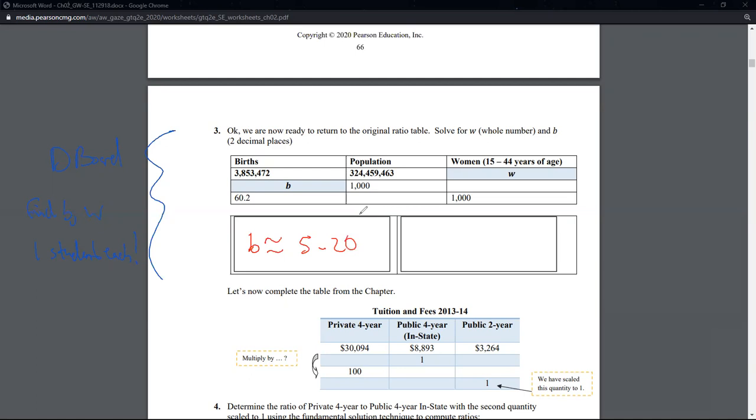I'd like 2 decimals of accuracy, so 5.97, 13.78, something like that. The number of women is somewhere in the ballpark between 50 and 70 million. And let's have this be a whole number.